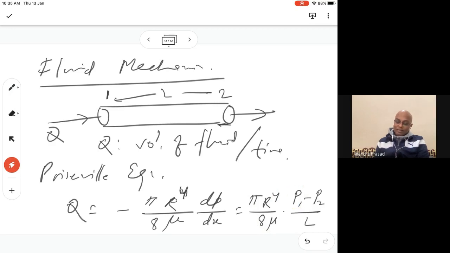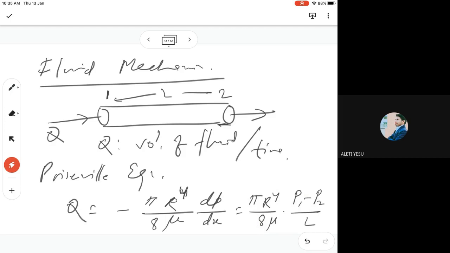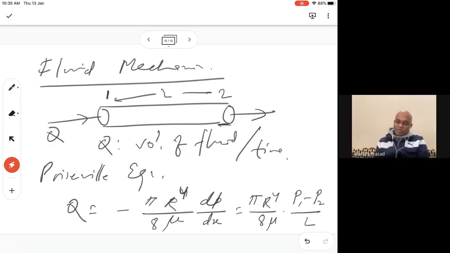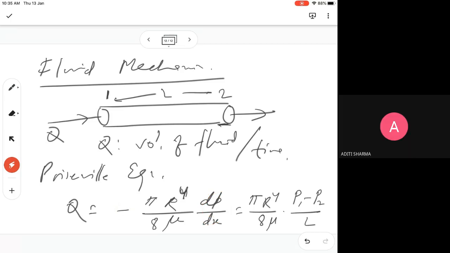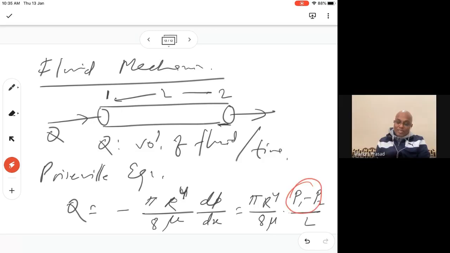Sir, I think it is P2 minus P1, right? There is a negative sign. No, so this is negative: the negative sign here, and dP over dx means P2 minus P1. Yeah, this is correct.